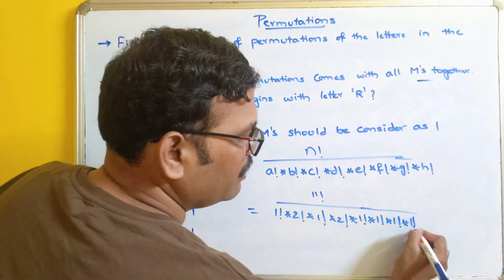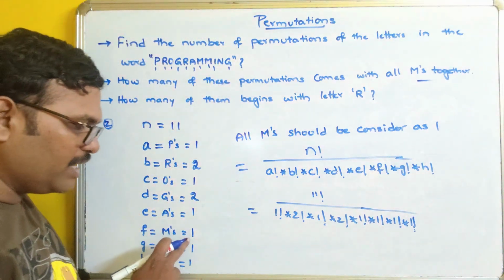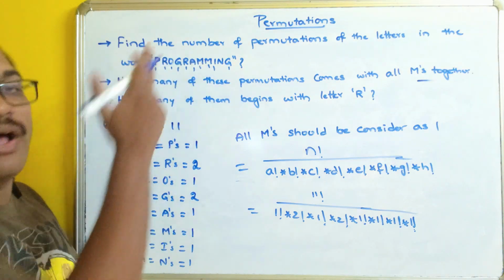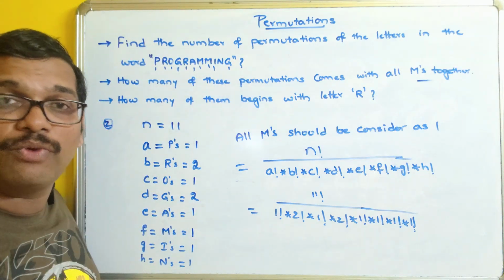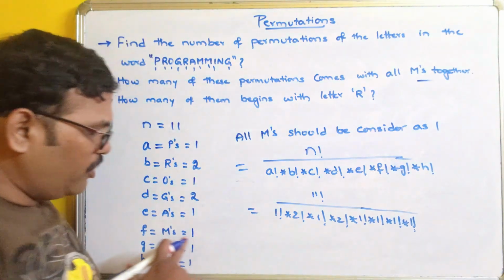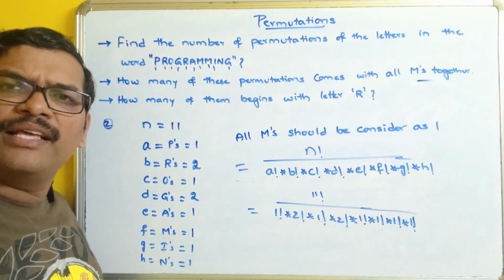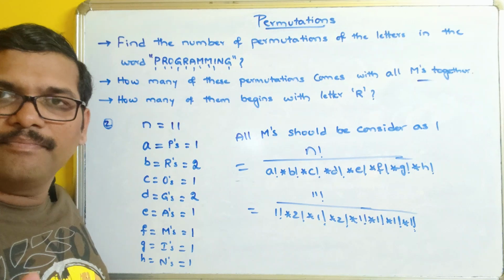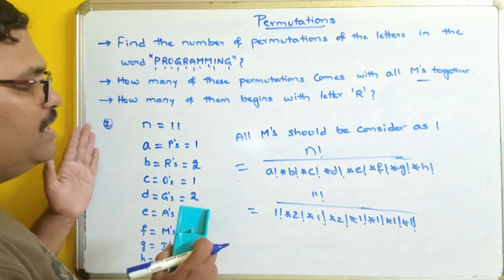Previously we considered m as 2 occurrences because the same alphabet was repeated twice. But here we are considering all the m's as 1 and applying the same formula. So there is no difference. Okay, so this is the second solution.